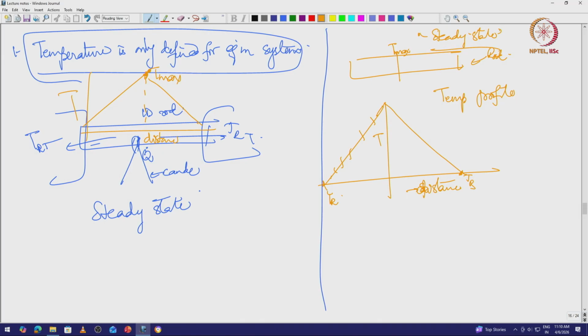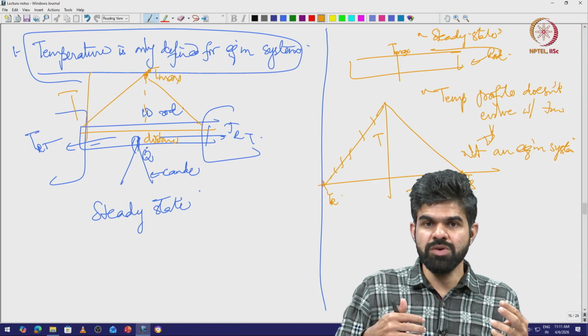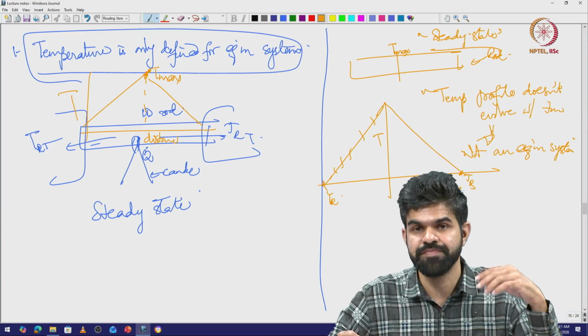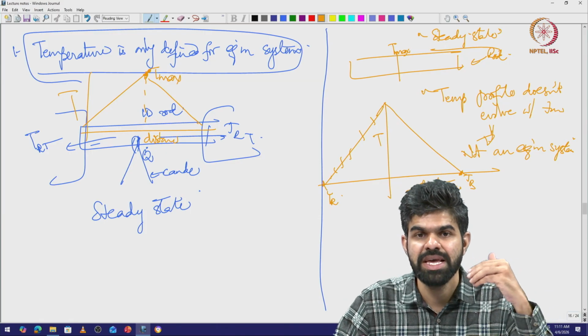Temperature steady state means the temperature profile does not evolve with time, but this is not an equilibrium system, right. For it to be in equilibrium, all temperatures should be the same, right. So, it is not an equilibrium system, there is heat flow that is happening, and when there is heat flow, it is not a system that is in equilibrium, right.